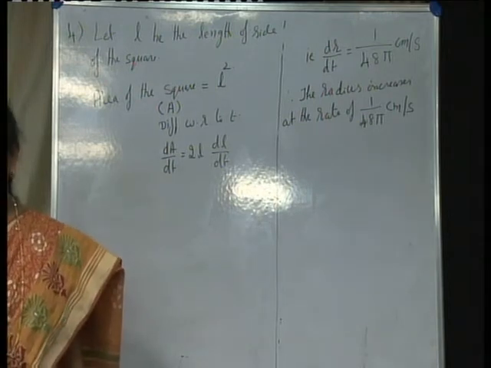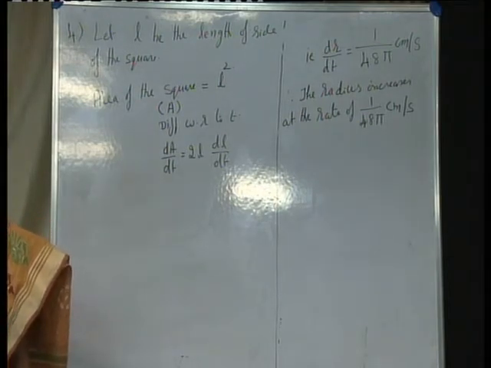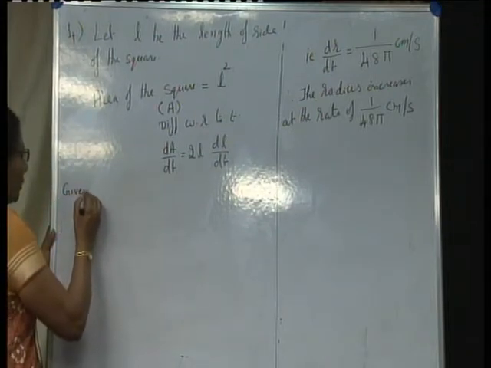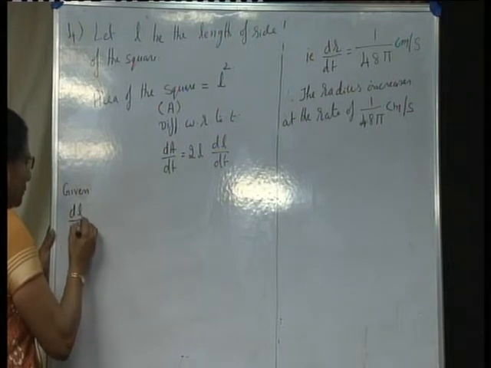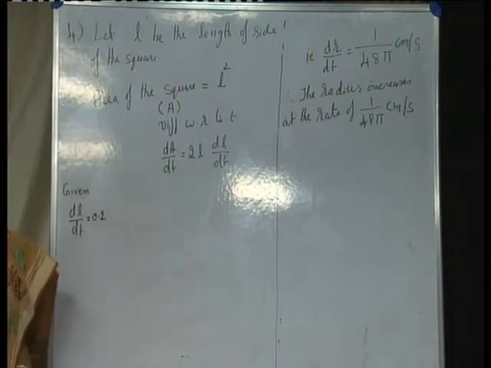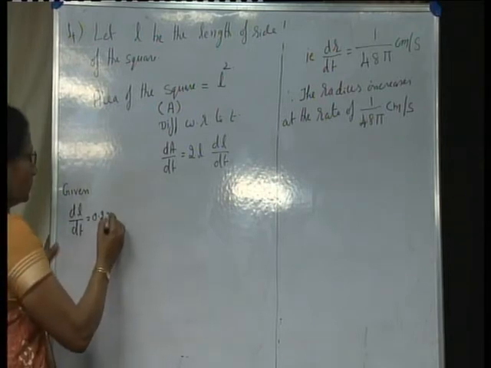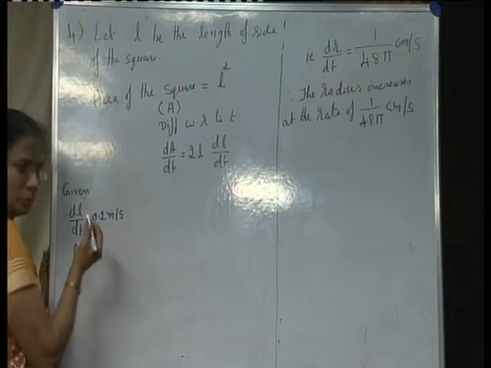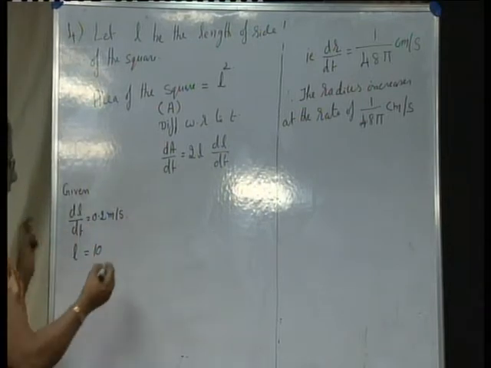What is given here? The side is increasing at the rate of 0.2 meter per second. So, given dL by dt is 0.2 meter per second, L is equal to 10 centimeter.